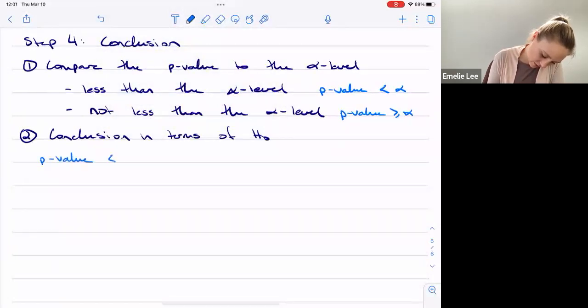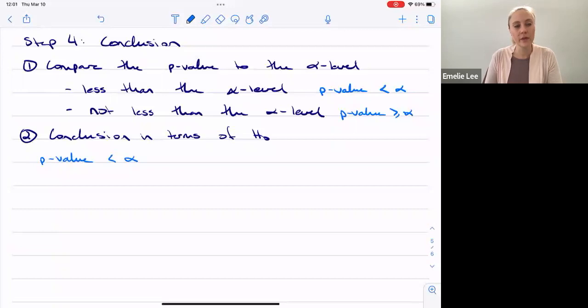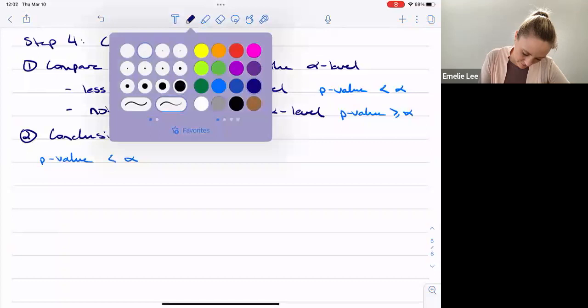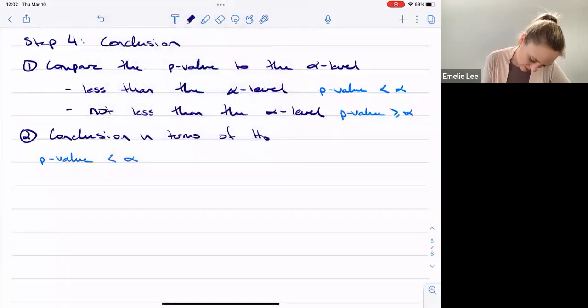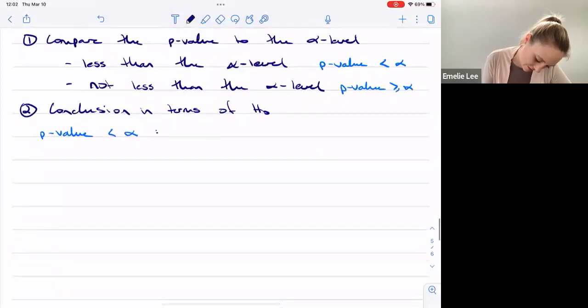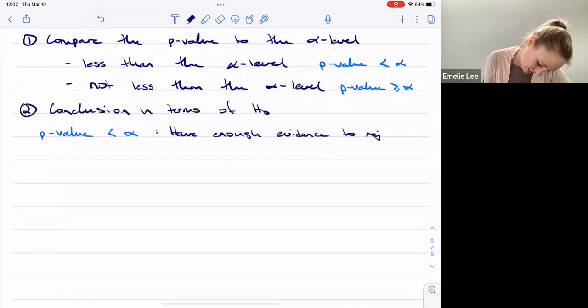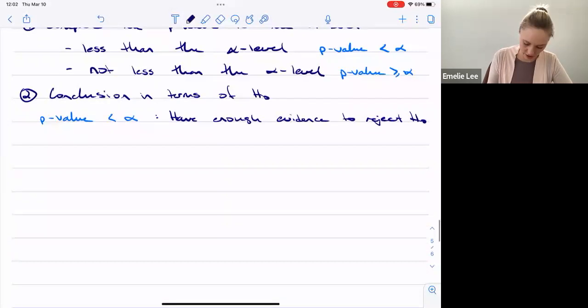The p-value was less than the alpha. If the probability is less than that threshold, then I have enough evidence to reject H naught in favor of HA.